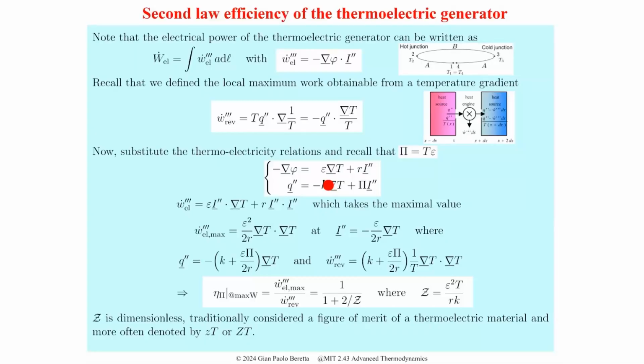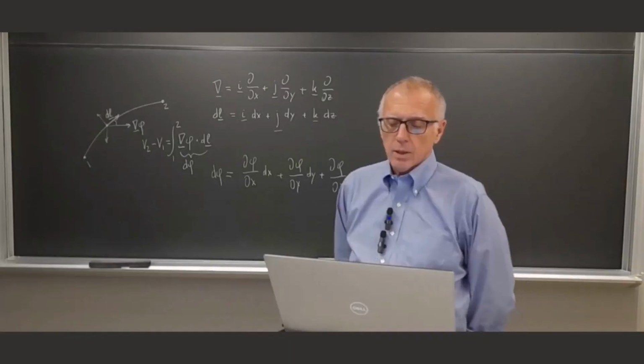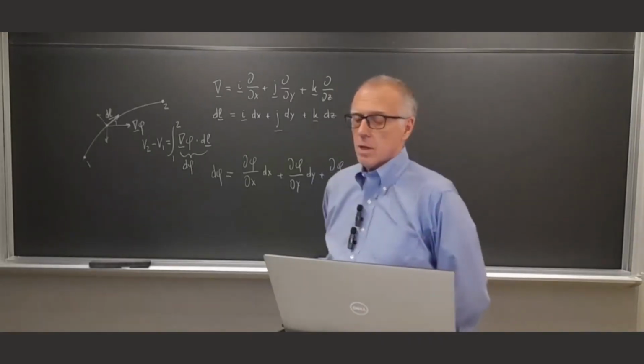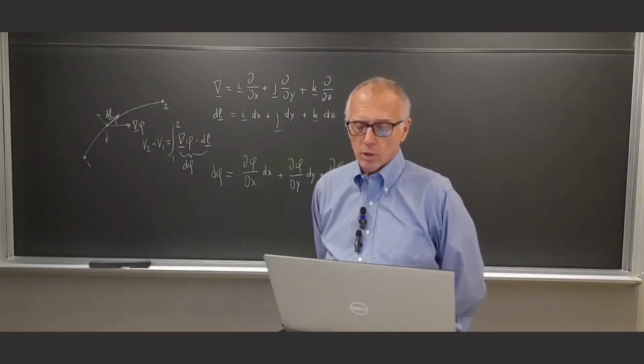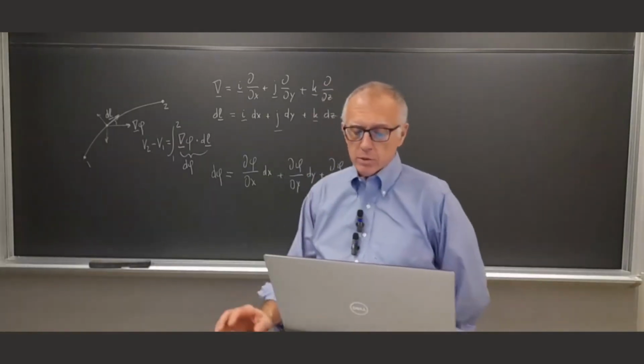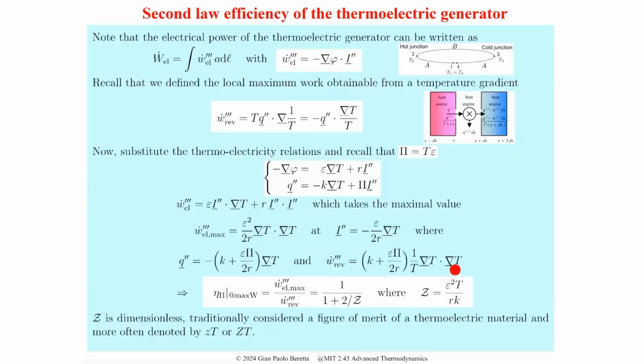Now, regarding the thermoelectric generator, traditionally people like to characterize the materials with this parameter here, which is called the figure of merit for the thermoelectric material: Seebeck squared times temperature divided by resistivity and thermal conductivity.